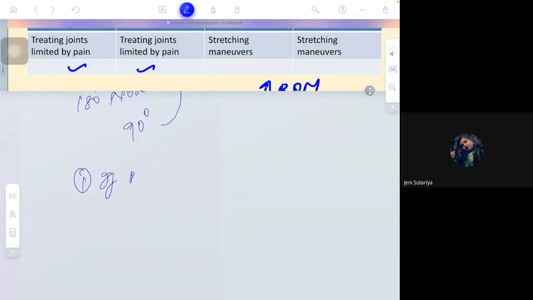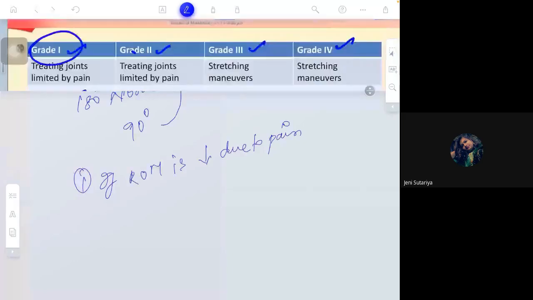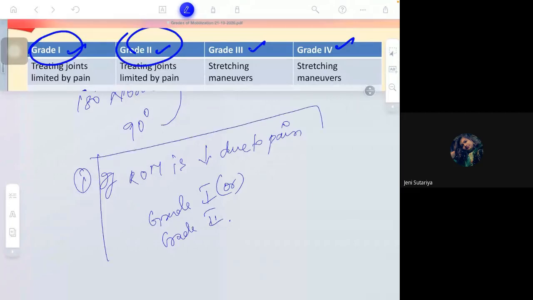If range of motion is reduced due to pain, then what will you do? You will apply grade 1 or grade 2 mobilization. So what will happen?